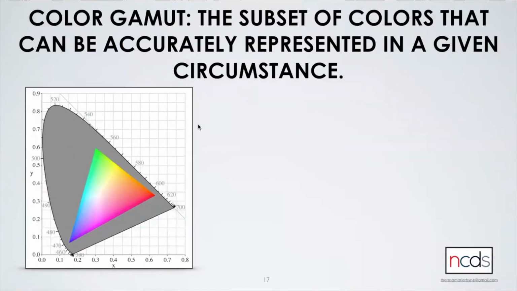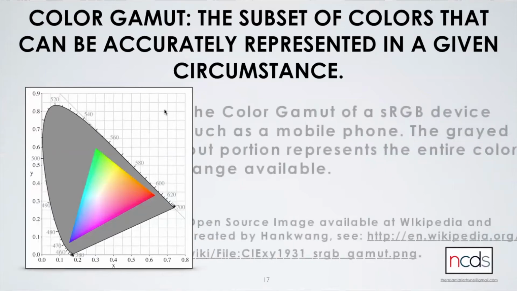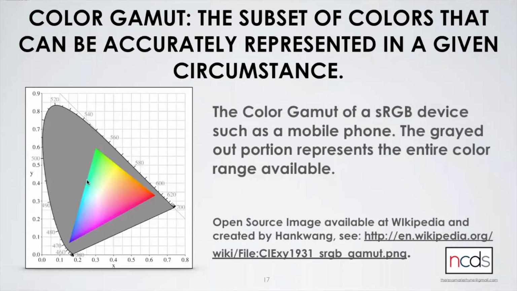Okay, so when we look at color gamut, this is the particular relationship defining color gamut spaces. This triangle right down here is the typical sRGB space on a mobile phone. This is usually about the default system of a mobile phone. This horseshoe represents the complete gamut of colors that our eyes can see.